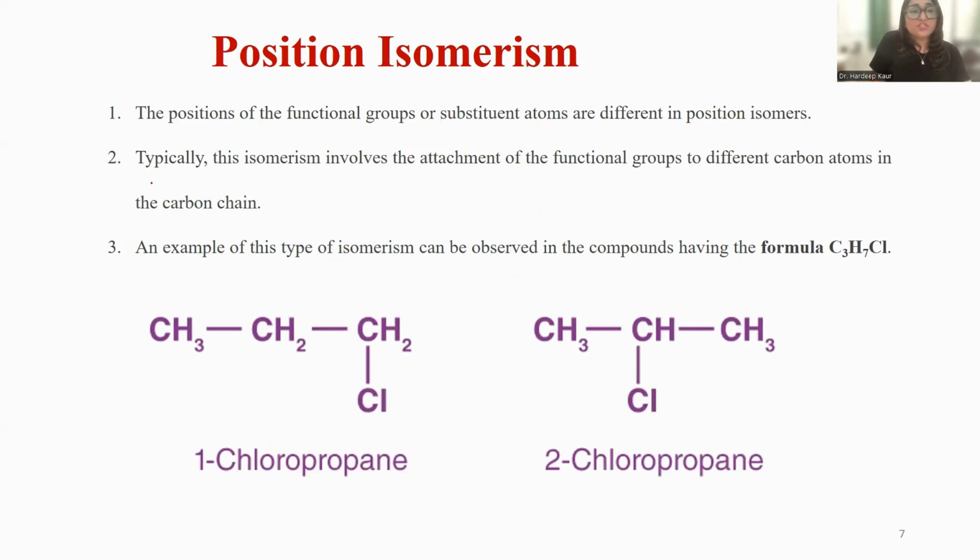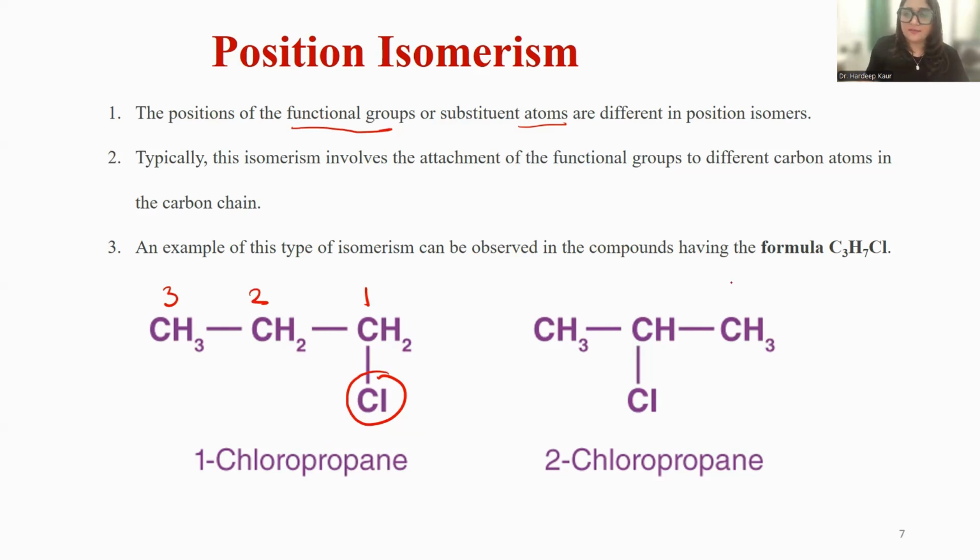Now, next is the position isomer. In position isomers, the position of the functional group or any substituent atom is different. For example, here the chlorine is attached to the first carbon; this is the first, second, and third carbon. So this is 1-chloropropane.